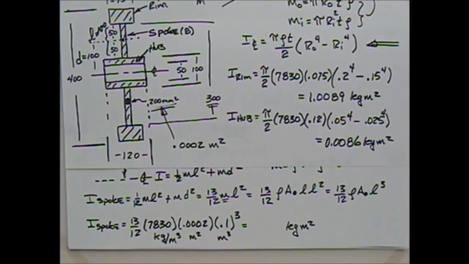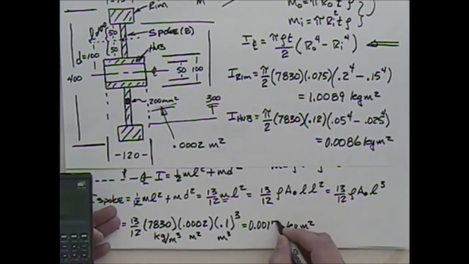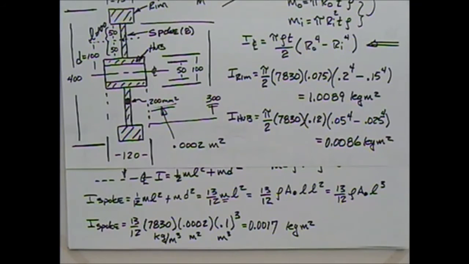Let's see what I get then. I get 0.0017. That's good. Okay. And that's for one spoke, right? Spoke singular.